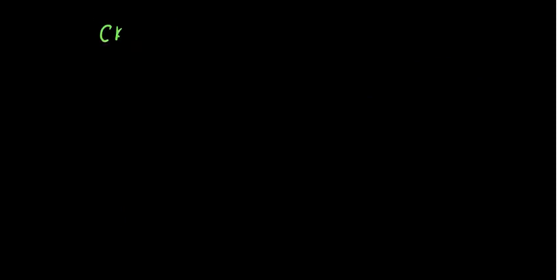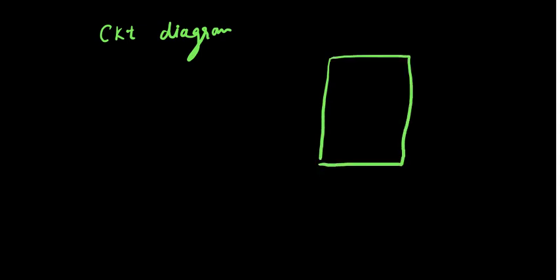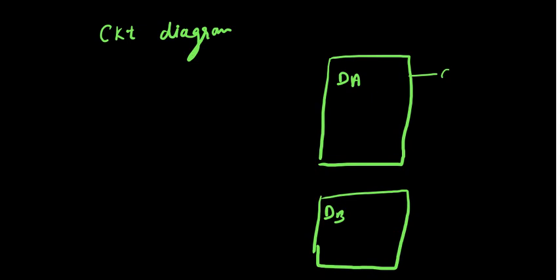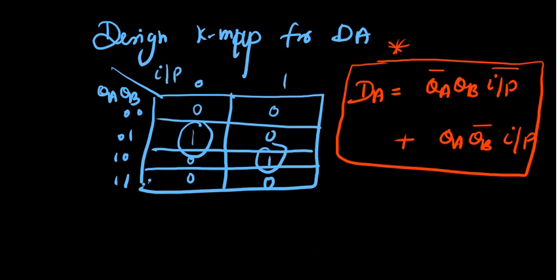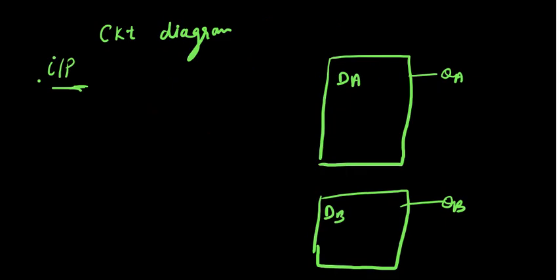So circuit diagram. This is your 2 D flip-flops. This is DA. This is your DB. This is QA, QB. Here we are getting the sequence, arbitrary sequence 1 0 0 0 0 1 1 0. So this is the input, and you have to provide QA bar, QB, QA bar.